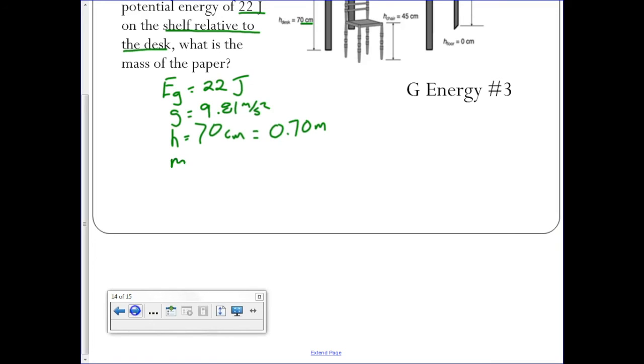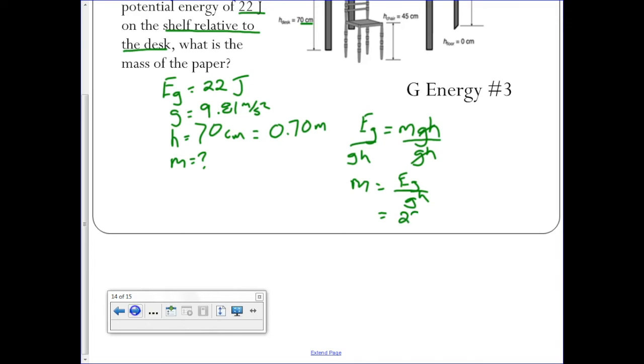Now we are looking for our mass. So we have Eg is equal to the mass times the gravitational constant times the height. So now we're moving the gravitational constant and the height over. So now we're seeing m is equal to Eg divided by gh. Now we plug in and solve from our variables on the side.